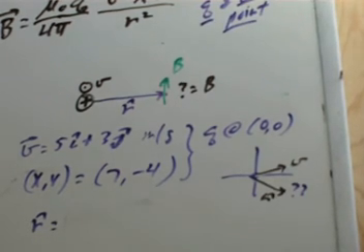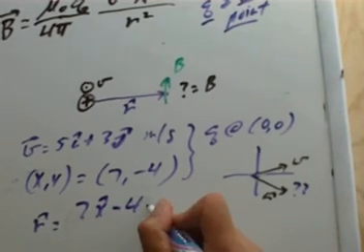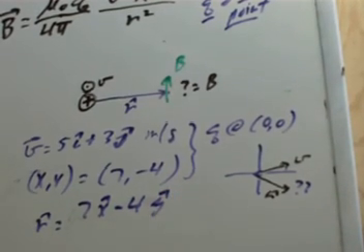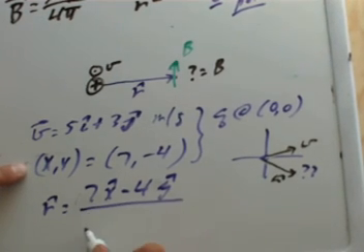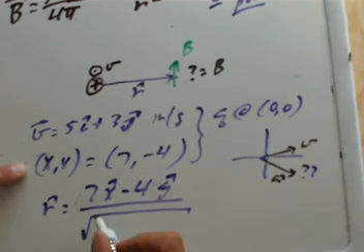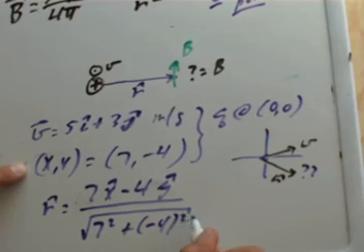Yeah, I'm sort of doing this wrong. The r hat vector looks something like this. It's going to be 7 units along x hat minus 4 units along y hat, so very similar to the xy point. Those are the x and y components of r hat. But remember, r hat is always a vector of unit length, so you have to normalize by dividing by the length, which is the square root of 7 squared plus minus 4 squared. That's where I meant to write that.